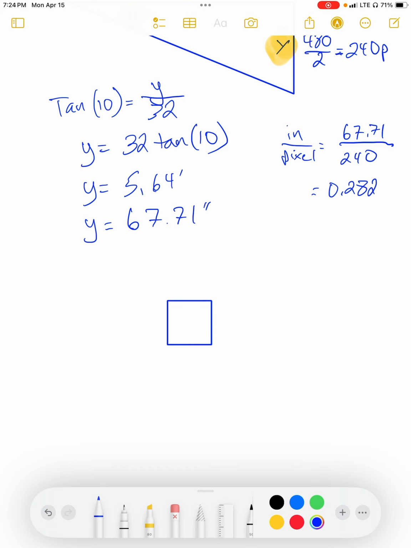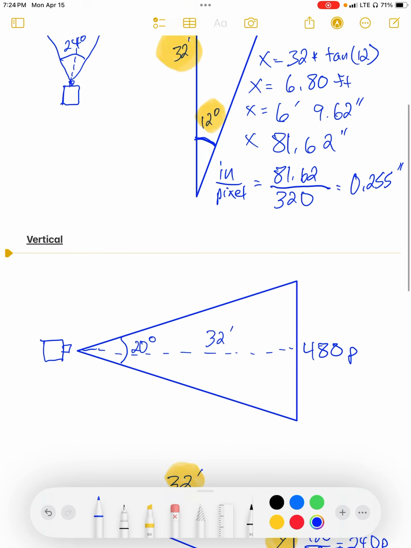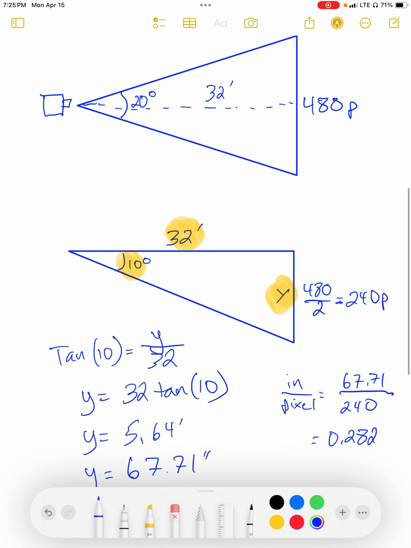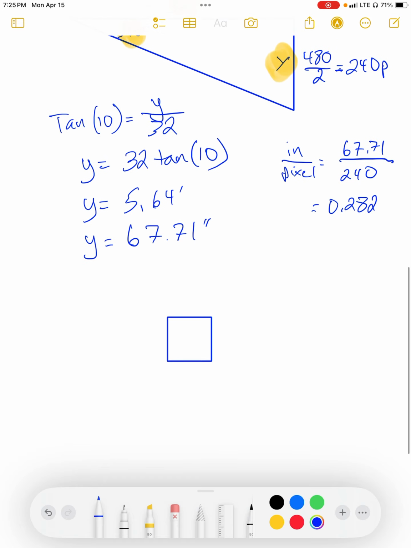There we go. So our pixel's width, our horizontal, is 0.255 inches, and our height is 0.282 inches. And that's our pixel size.